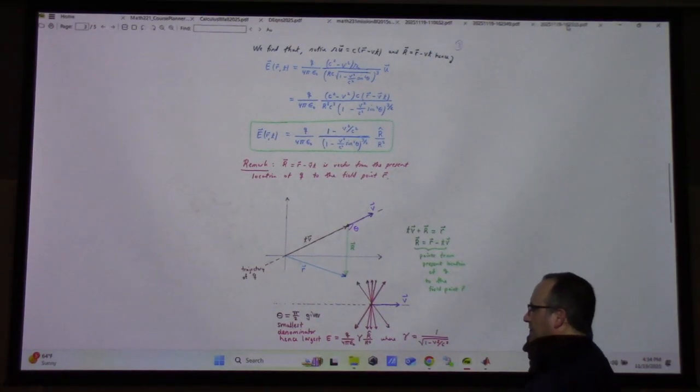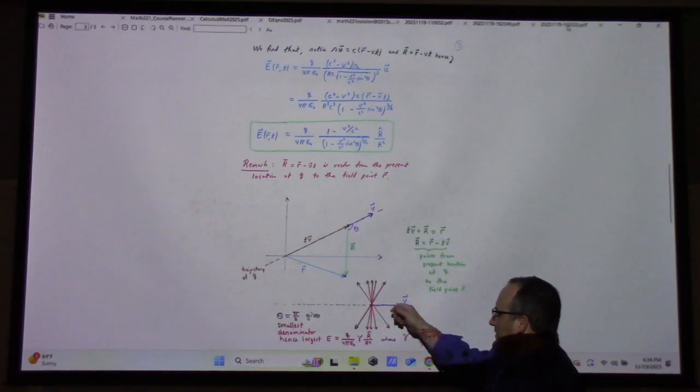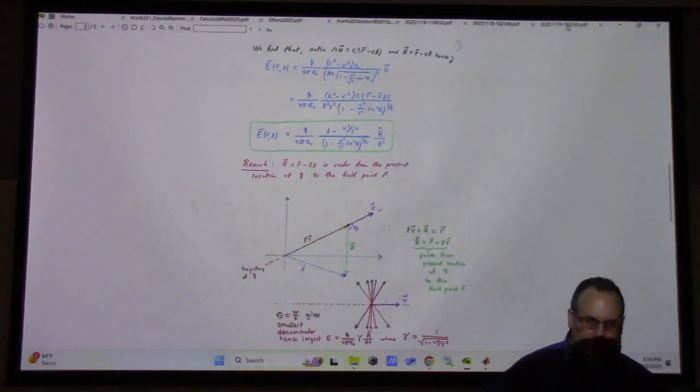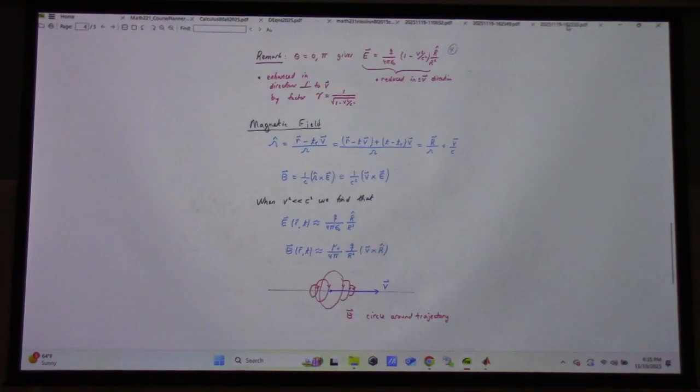So the magnitudes are increased perpendicular and decreased parallel and anti-parallel to the velocity. We draw that idea by spacing the field lines out like that. The more dense the field lines, the larger the magnitude. That's the way the field line diagrams work. And the magnetic fields circle around.